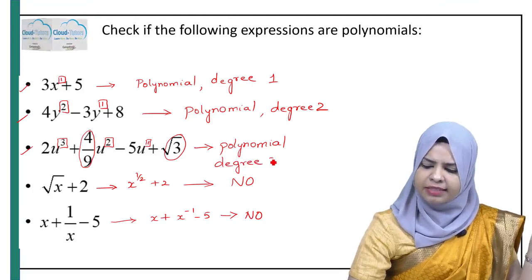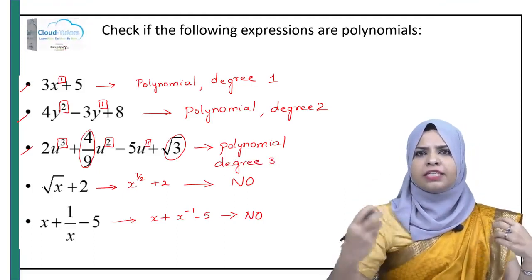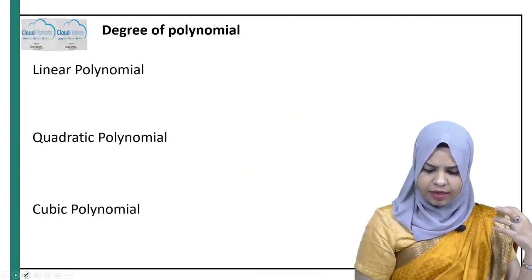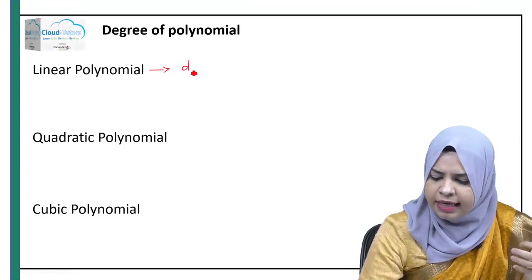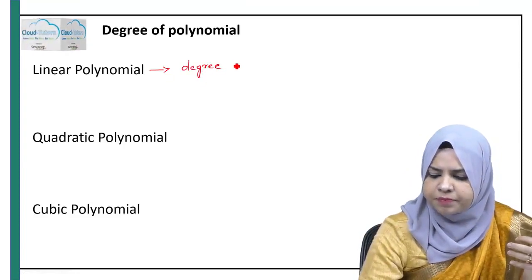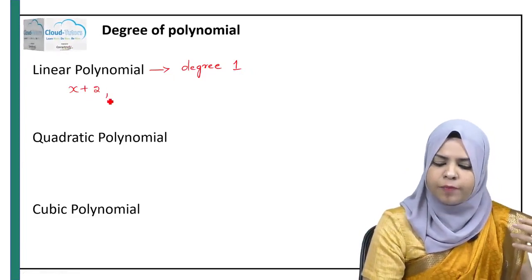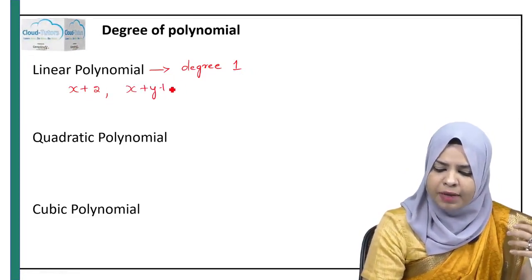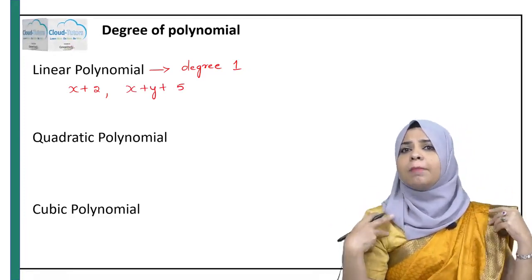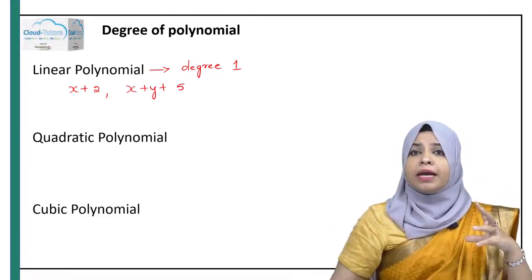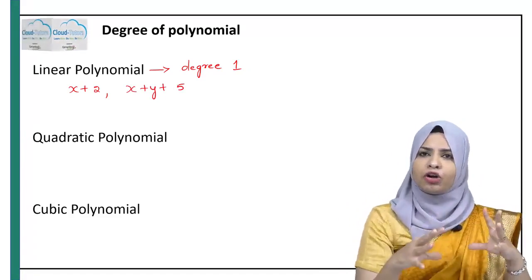Now let us understand what makes a polynomial with degree 1, degree 2 and degree 3. When I say degree 1, it is called a linear polynomial. I can write this as x plus 2, x plus y plus 5, doesn't matter. How many terms I'm having doesn't matter, but the degree or the power matters when you classify a polynomial.